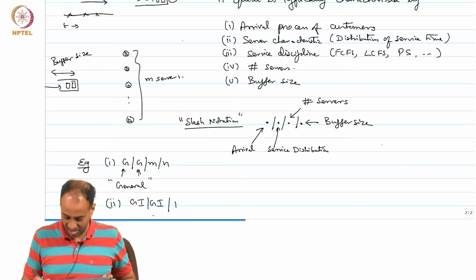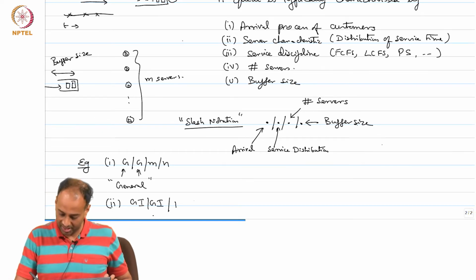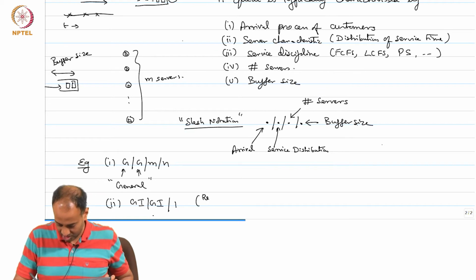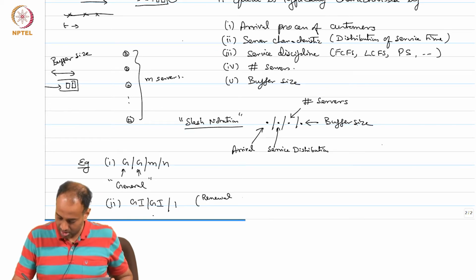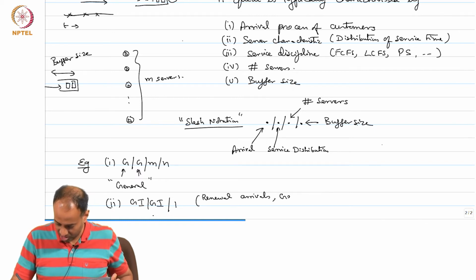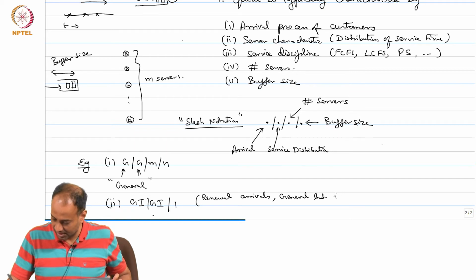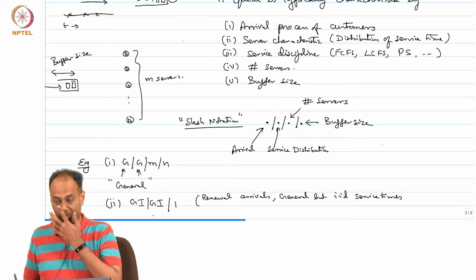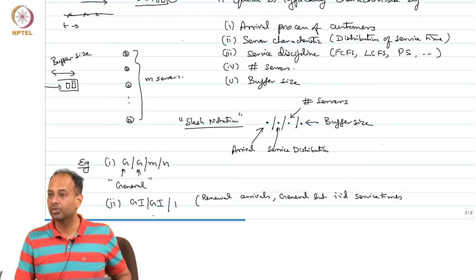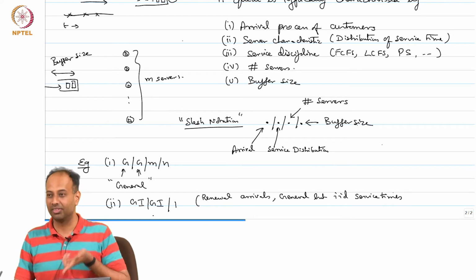So, you could have GI/G/1, which means renewal arrivals, general but IID service times, and of course, one server in this case, right.